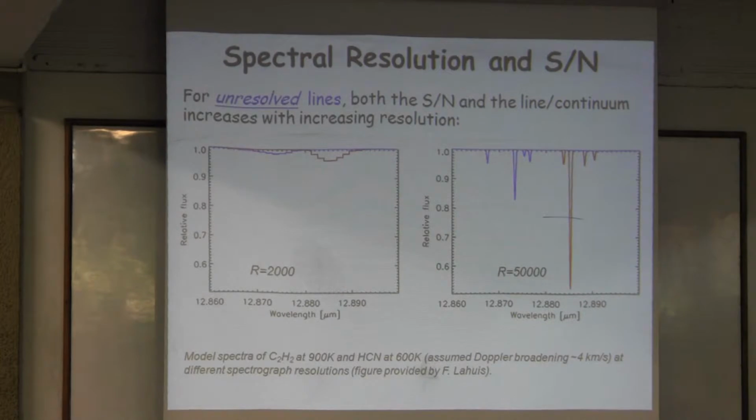And this is a simulation of a spectrum, this is actually a molecular spectrum of C2H2 and HCN, two gases at 900 and 600 degrees. If you have a spectrograph that gives you a resolution of 2000, right?